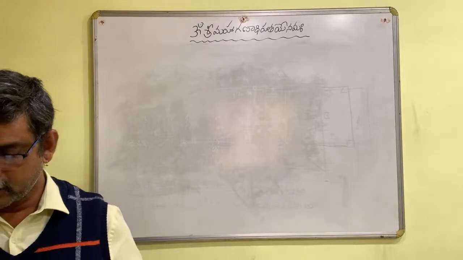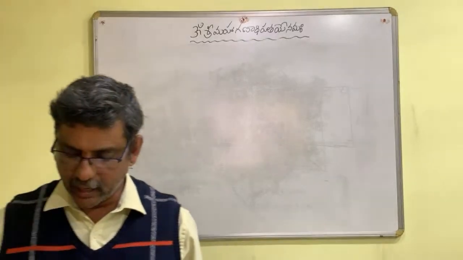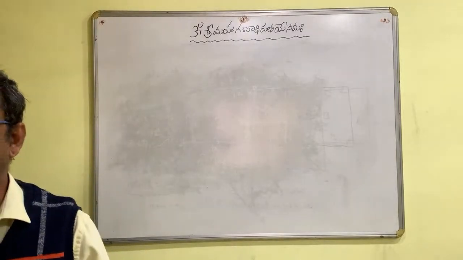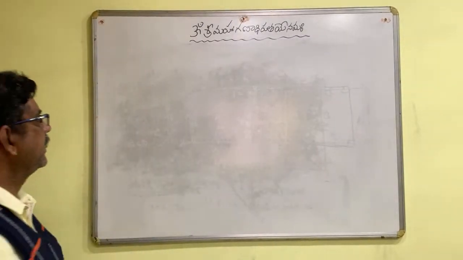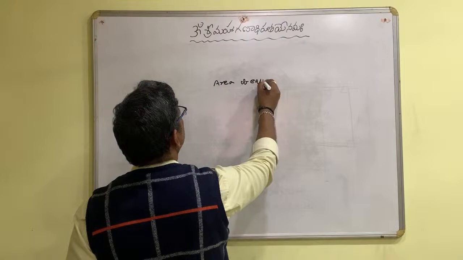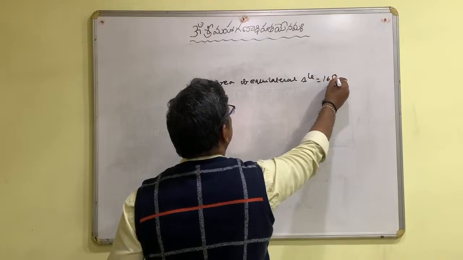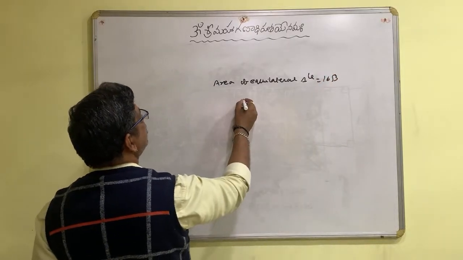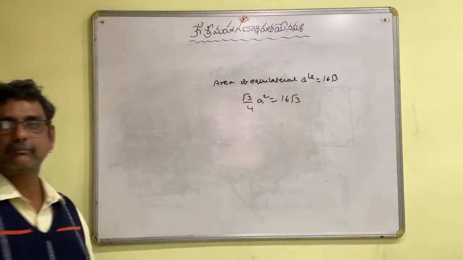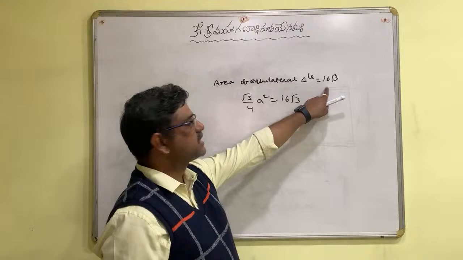Next. Question number 9. Area of an equilateral triangle is given as 16√3.